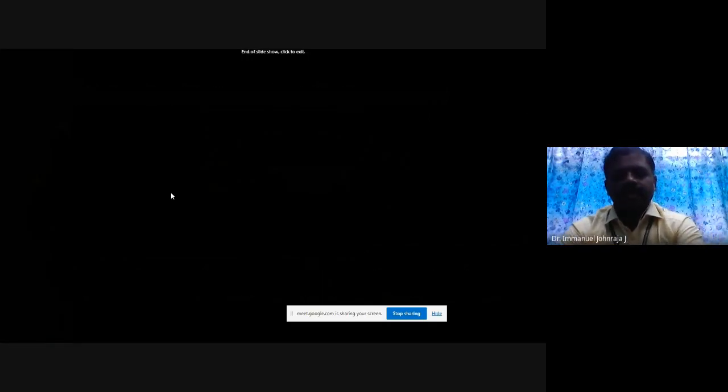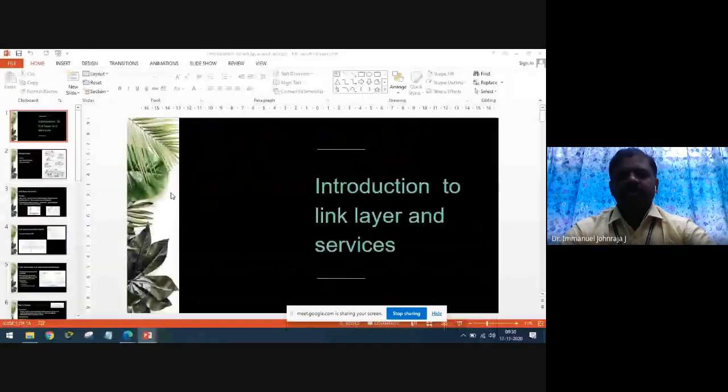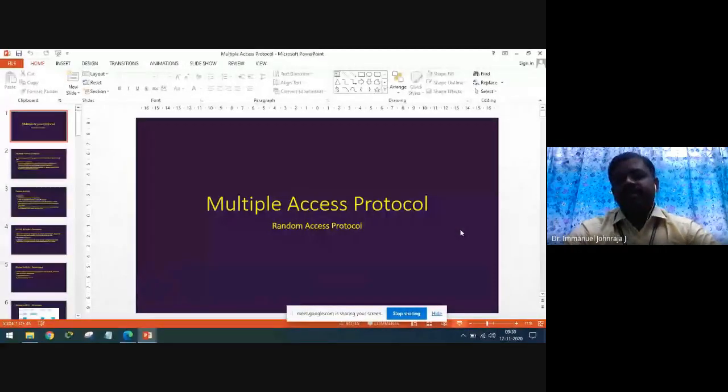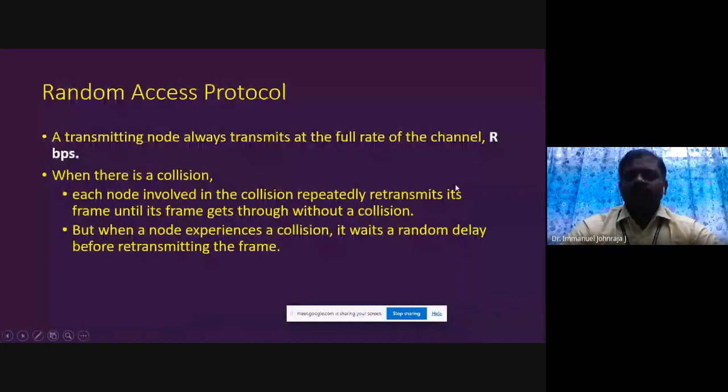Okay, and probably the final presentation I have today is on multiple access protocols. The first one, partitioning, we have spoken about. The second one is the random access protocol. It is trying to match the requirement of an ideal medium access control protocol, where every node is transmitting at the full speed of R, but that's not happening all the time.